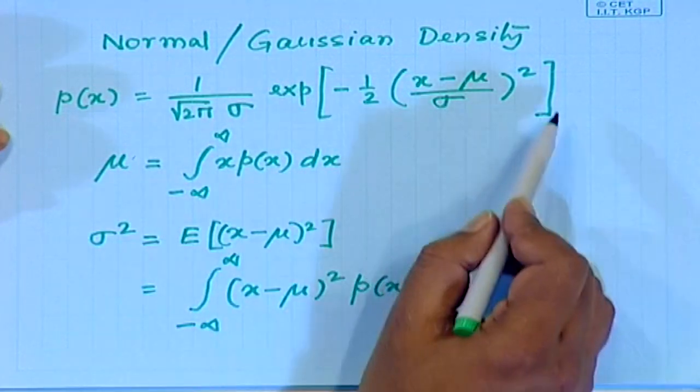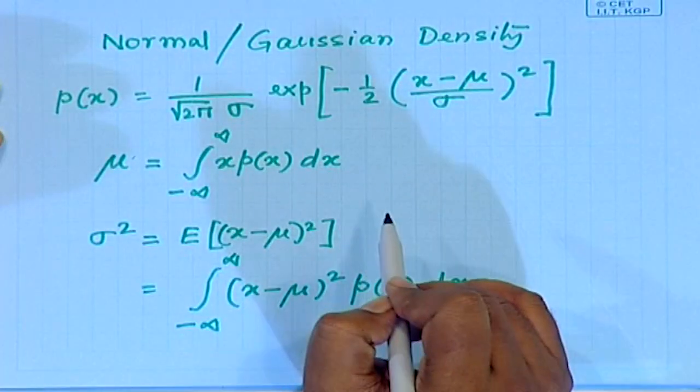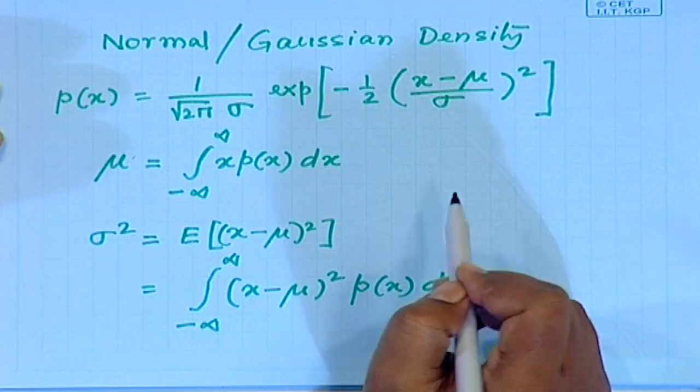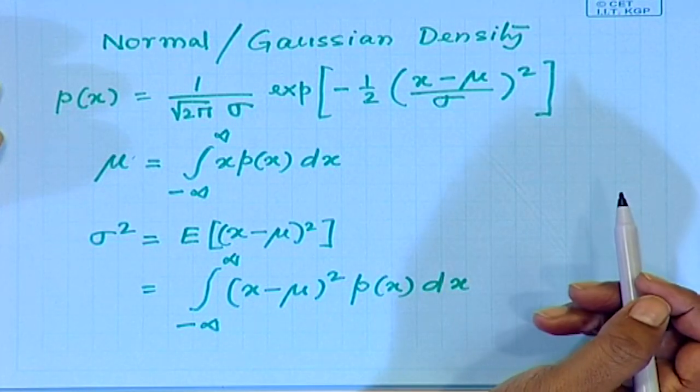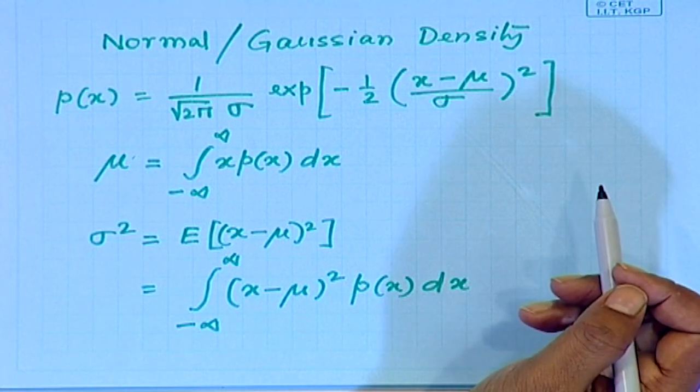And you find that this particular probability density function is specified only by two parameters. One is the mean value mu, the other one is the standard deviation sigma or the variance sigma square. So if I know the mean value and the variance, then I know what this probability density function is.